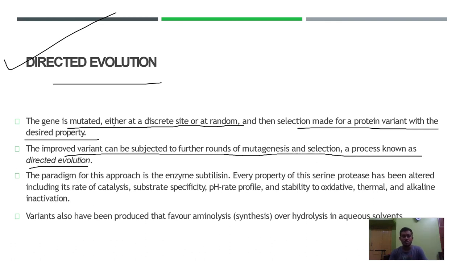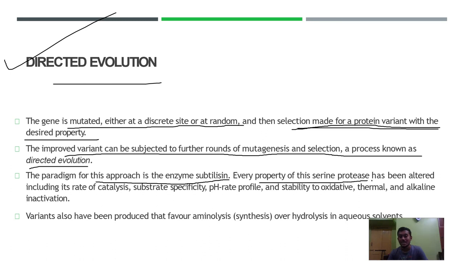Under directed evolution, the particular gene that we want to mutate is either at a discrete or at a random position. So it's not very specific as we observed in rational design. Selection of protein variants with the desired properties is done at random sites. Also, the paradigm for this approach is the enzyme subtilisin.